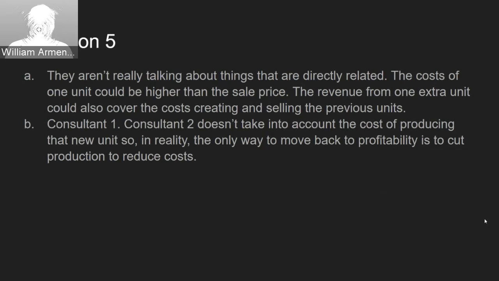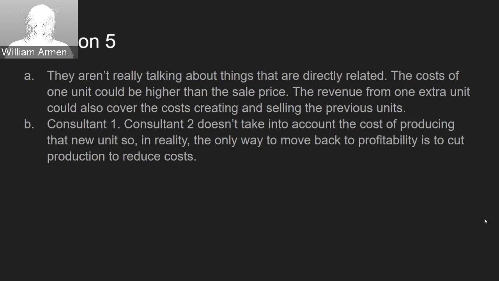For question 5, part A, both of the economists could be true because they aren't talking about things that are directly related. The cost of one unit could definitely be higher than the sale price, causing the business to sell at a loss. And the revenue from one extra unit could also cover the loss of the company created by the previous units.